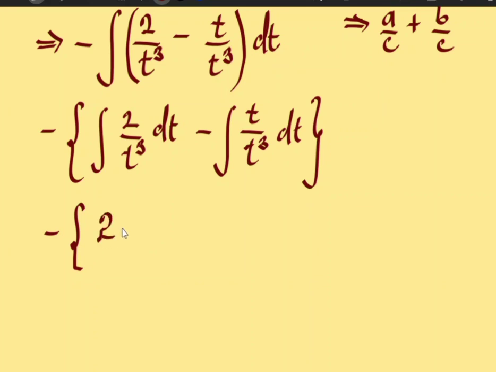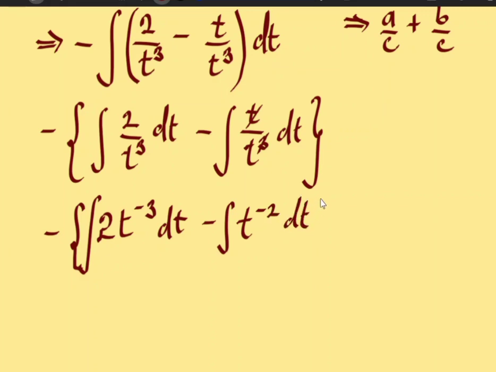We have 2 times t raised to the power minus 3, then minus the same thing. If we reduce this by 1, we have 1 over t squared, which is the same thing as t raised to the power minus 2, dt, all in the same bracket.